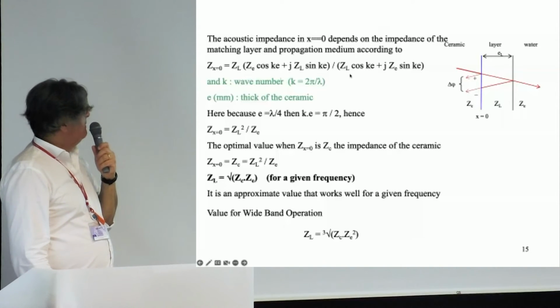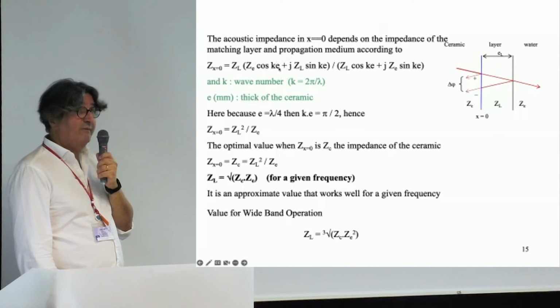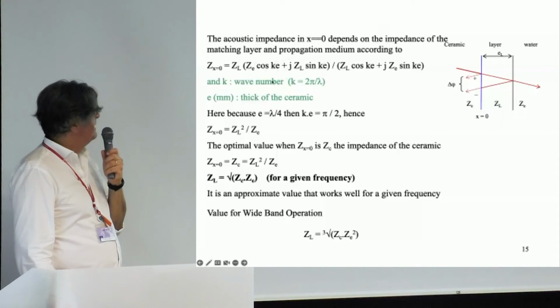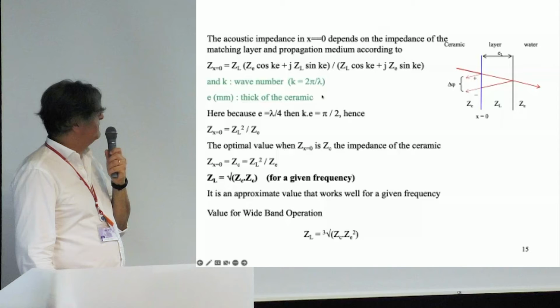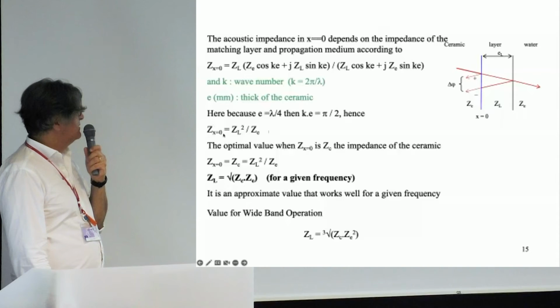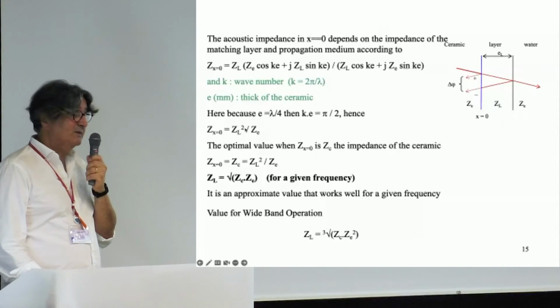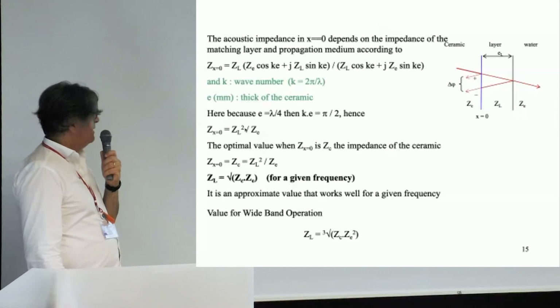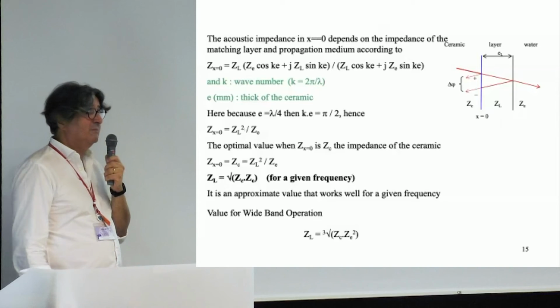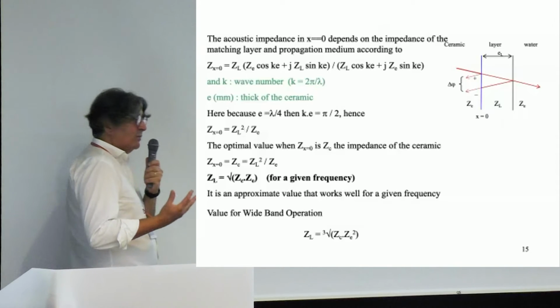Okay. Because the thickness is equal to lambda over 4, it can simplify very easily, and we get the following formula. The impedance at x equal to 0 is the impedance of the layer, ZL, squared, divided by ZE. What do we want?